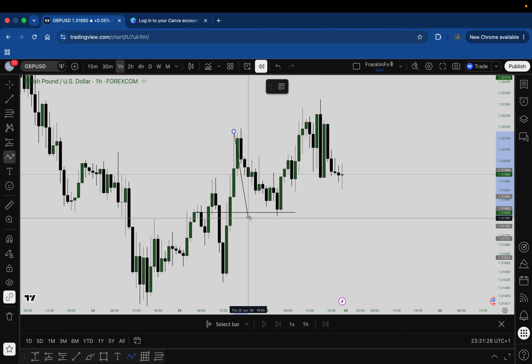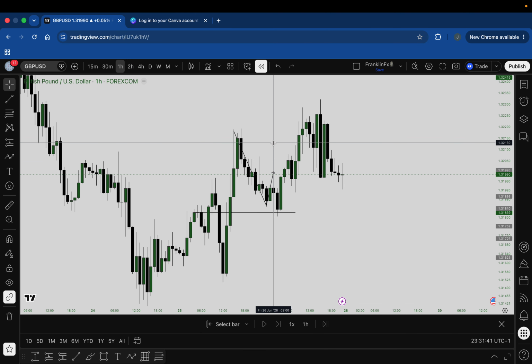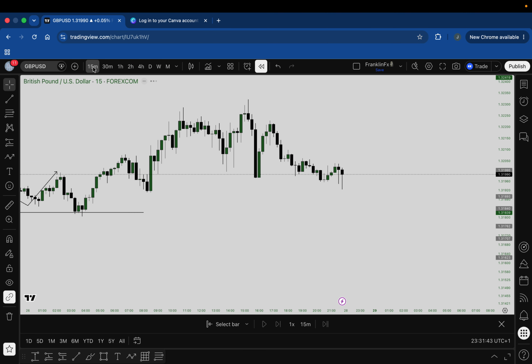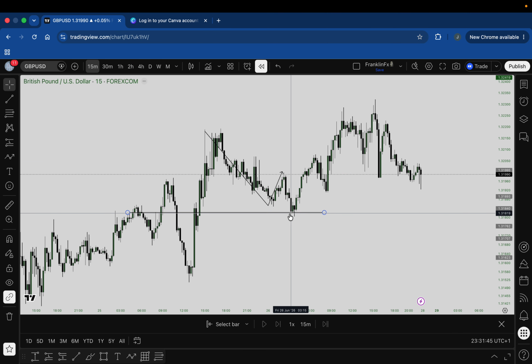Very close to it, and then started going up. Started going up here. As you can see, it's very obvious. If I put this on 15 minutes, you can see that the move to the upside was kind of significant.